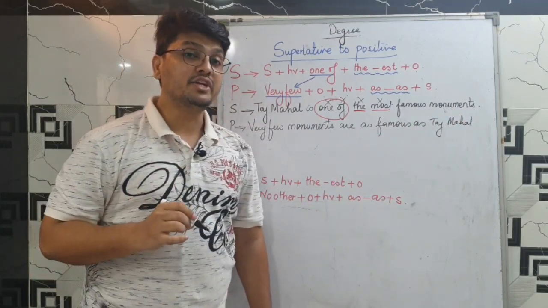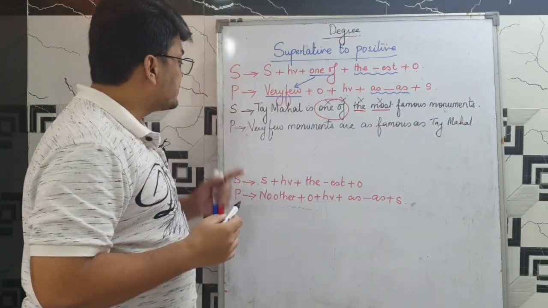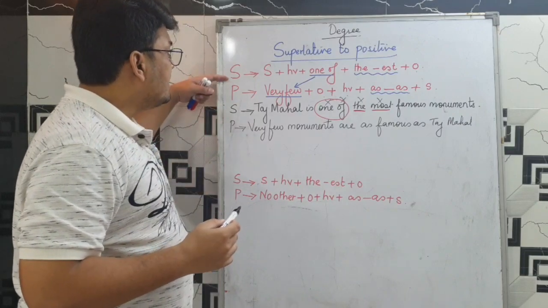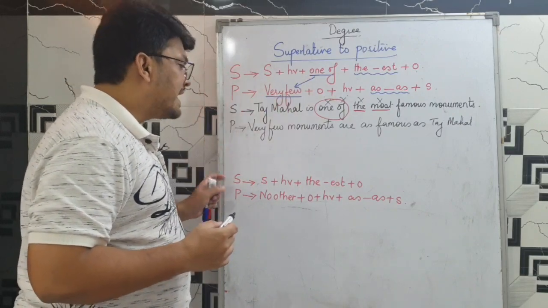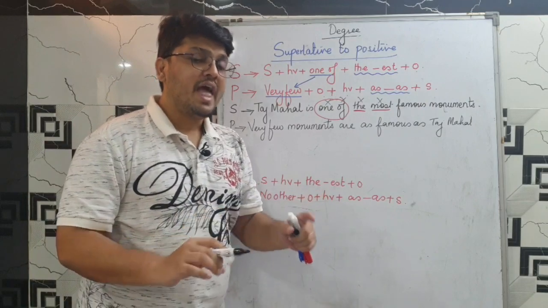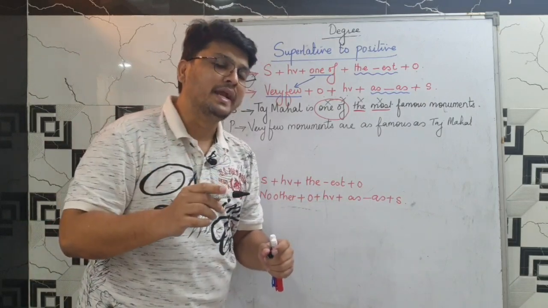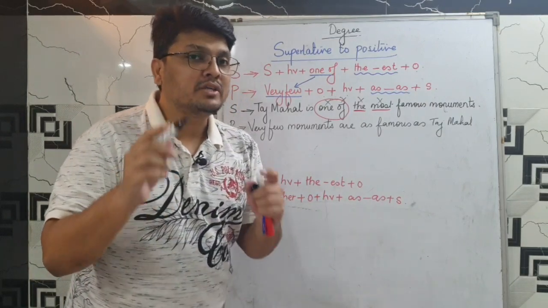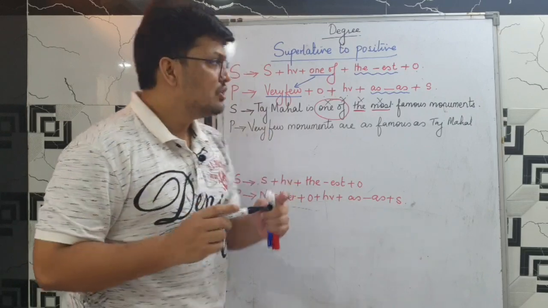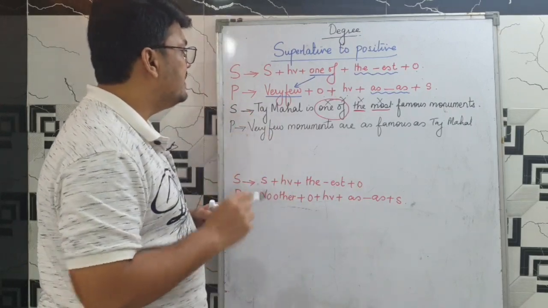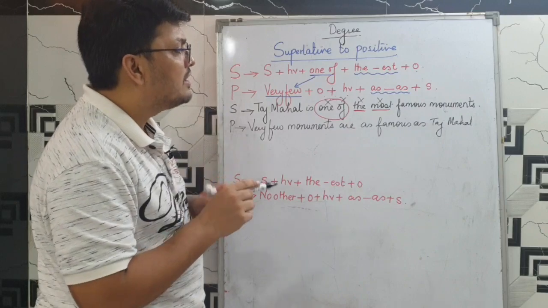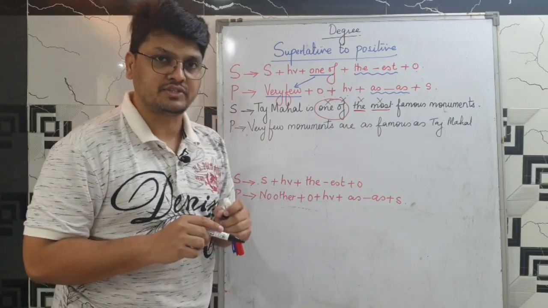Once again, I teach you, students, we have two types of superlative degree. In one, you will see one of, and in the second, you will not see one of. And if you see one of in superlative degree, begin positive degree with very few. You can see I have given you this example. Taj Mahal is one of the most famous monuments.